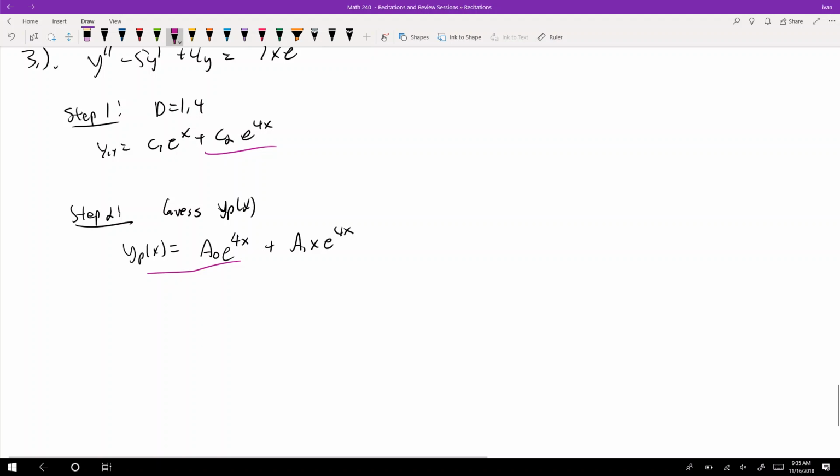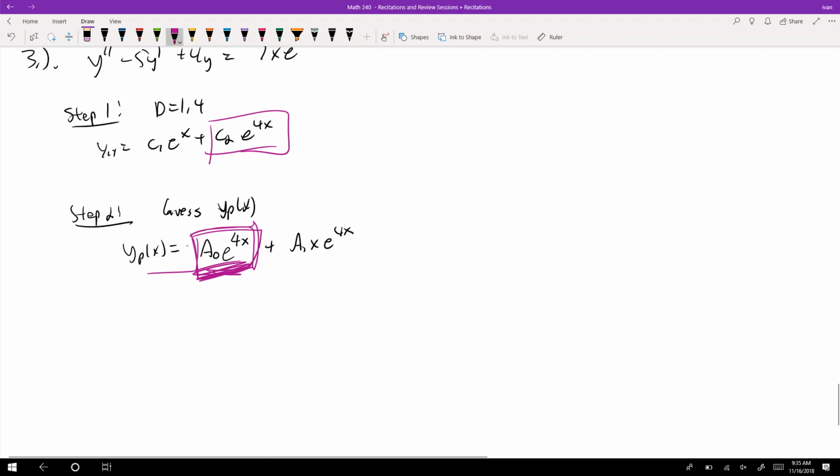So remember what the particular solution is supposed to do. It's supposed to solve the right-hand side, right? But if this particular solution is in the homogeneous, what is this term actually doing? If this term is actually in the homogeneous solution, it's actually solving the homogeneous, right?